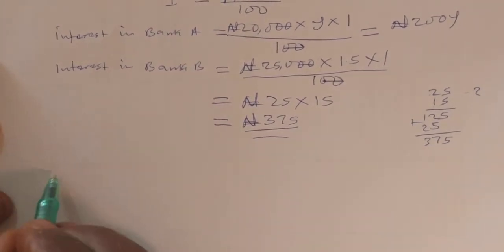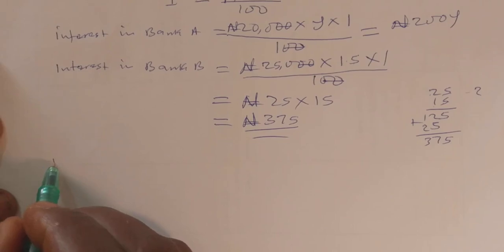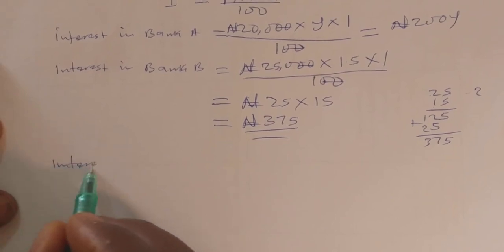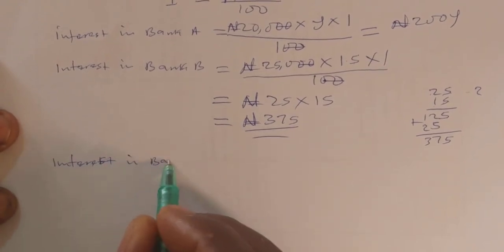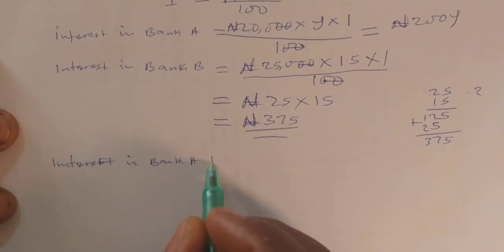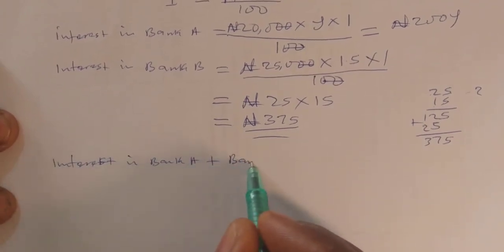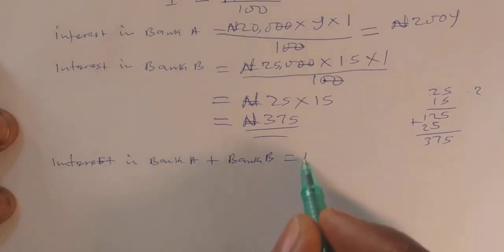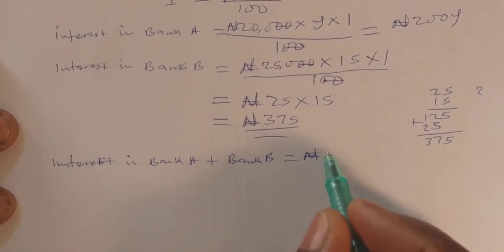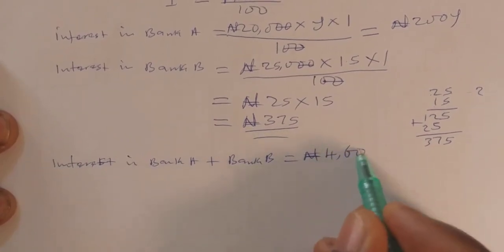So here we'll have interest in Bank A plus Bank B is equal to 4,600.